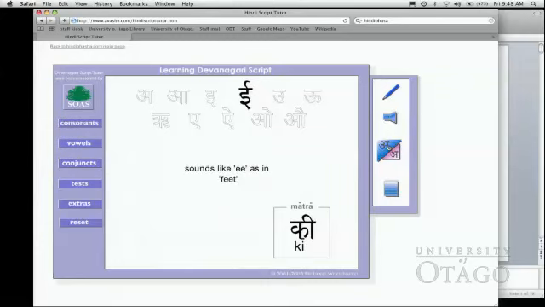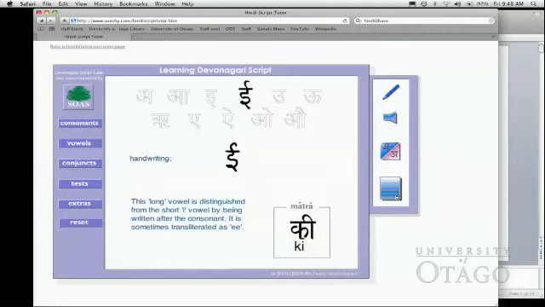An example. Eid. ईद. And this is ee. This is the long vowel of i, so compare i and ee.